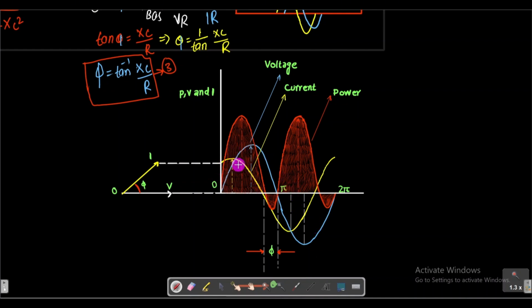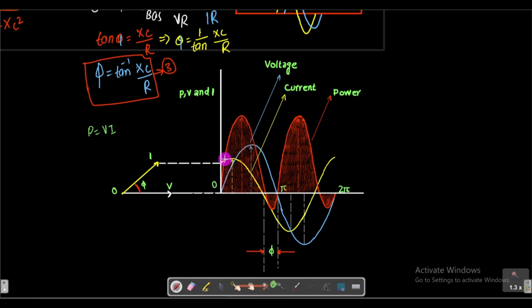Okay, so we know that power is equal to V and I. So we will multiply this current I and this voltage V at each and every instant, and that will give us the power at each and every instant.